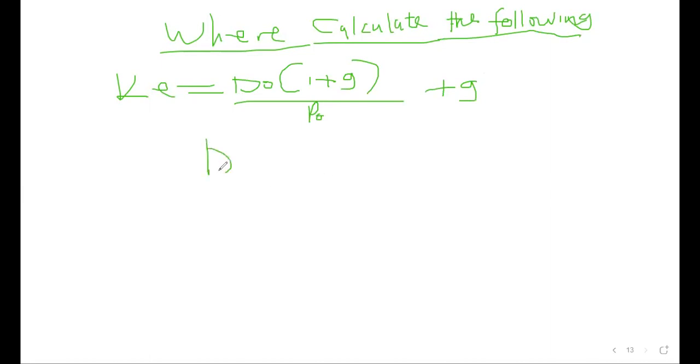D0 is equal to the dividend paid. P0 is the stock price.